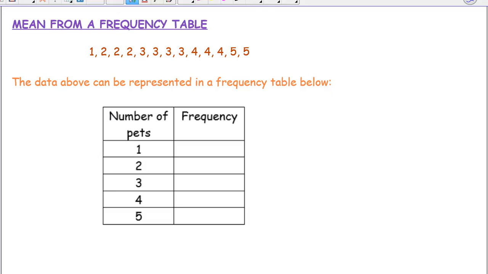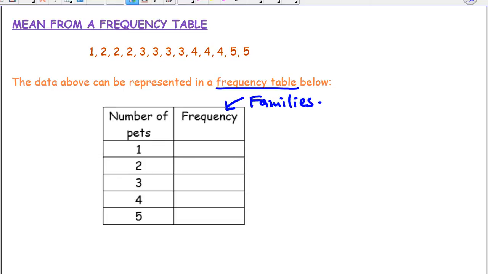Now, just remember that this data set can be represented in what we call a frequency table. So if I represent this data in the frequency table, the frequency here represents families, remember? So this represents families.